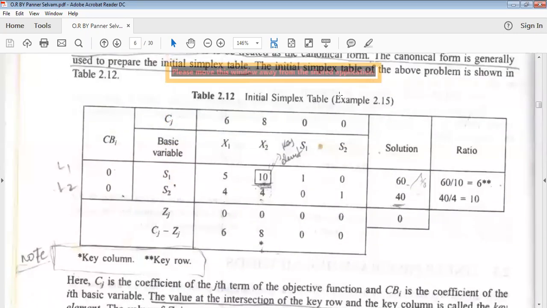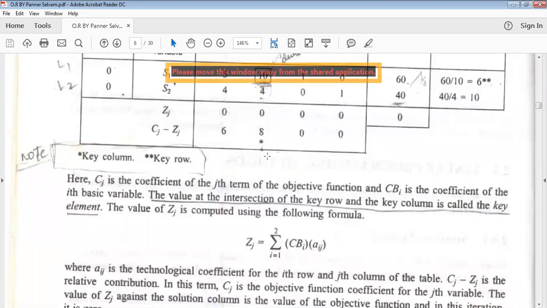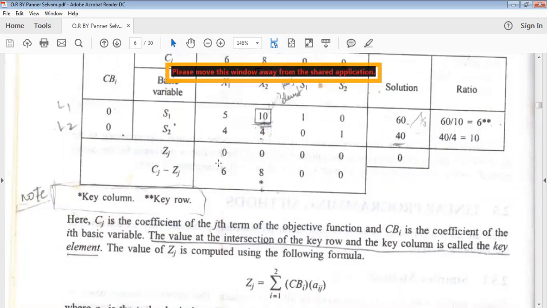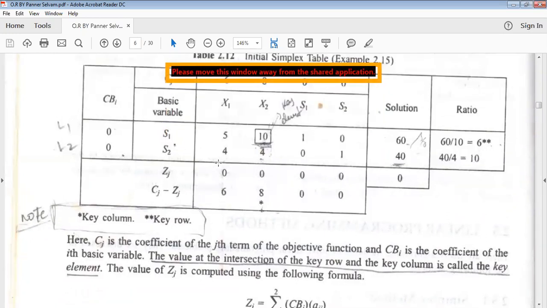Therefore, you see this particular problem. You have to calculate Zj after formulating like this. Zj means 0 into 5, 0, 0 into 4, 0, and 0 into 10, 0, 0 into 4, 0, 0 into 1, 0, 0 into 1, 0.